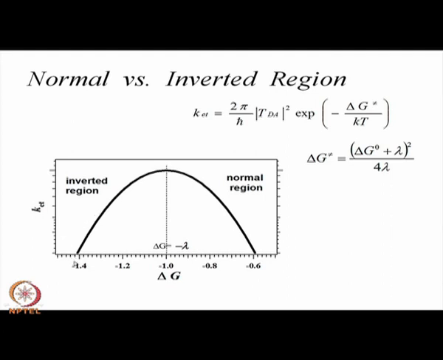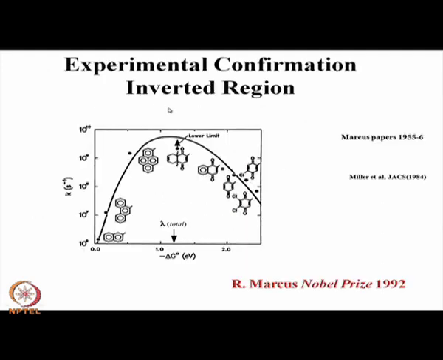Plotting it this way, you see that at the inversion point, delta G double dagger equals 0, which means delta G 0 equals minus lambda. So one side is the inverted region, and the other side is the normal region. This is normal versus inverted region.